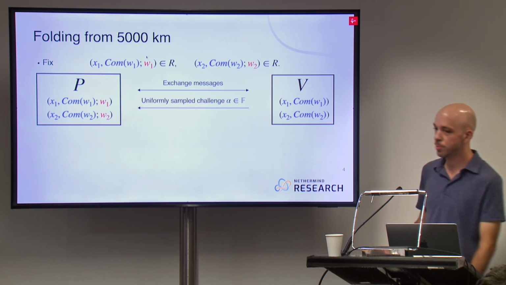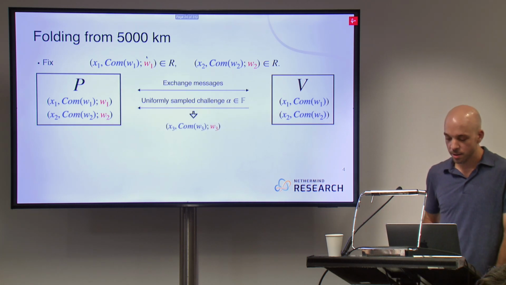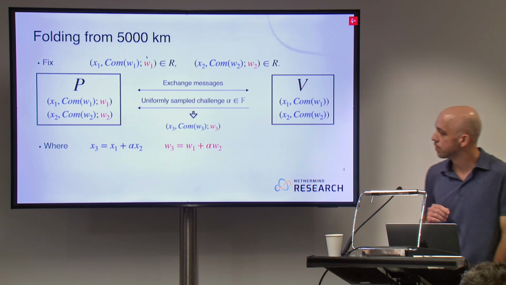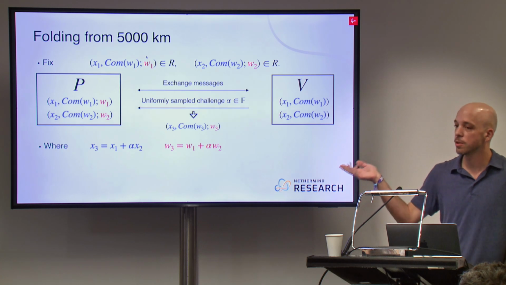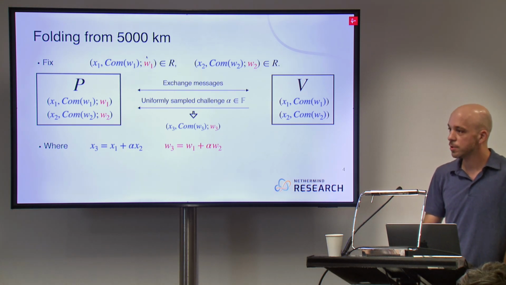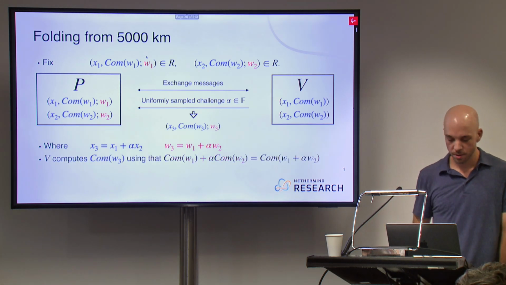Eventually, the verifier samples a random challenge alpha. And then the new instance-witness pair is output, and it has the following form. The new instance is a linear combination of the initial two instances using the randomness alpha. And the new witness is a linear combination of the previous two witnesses.